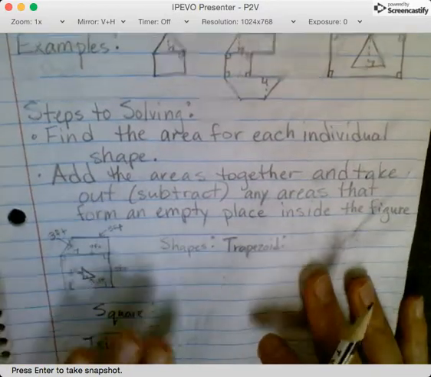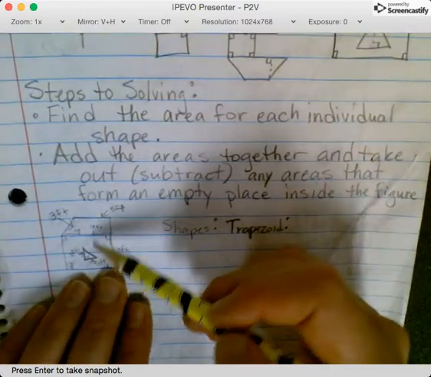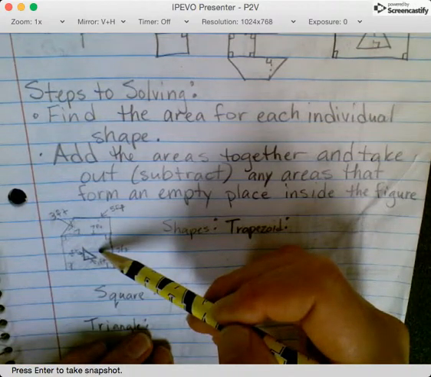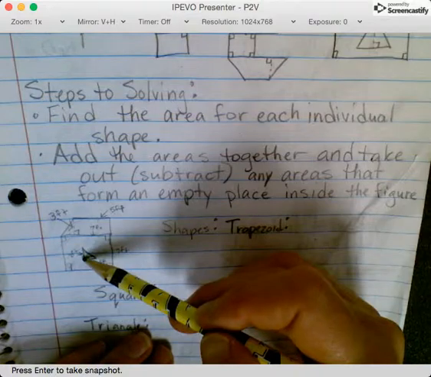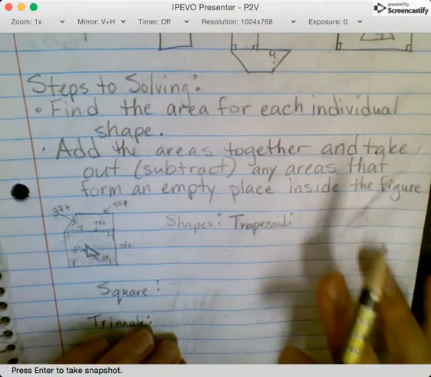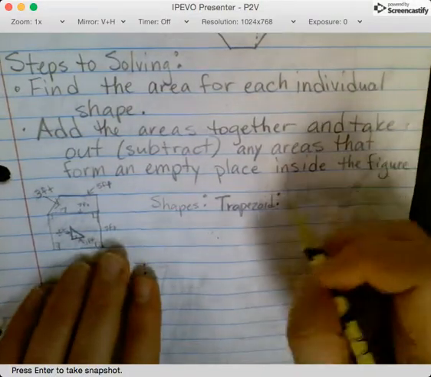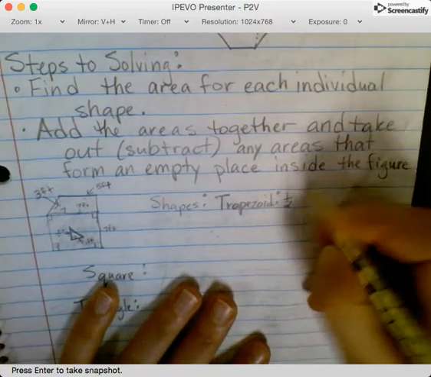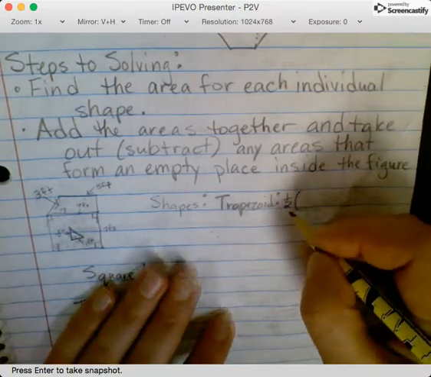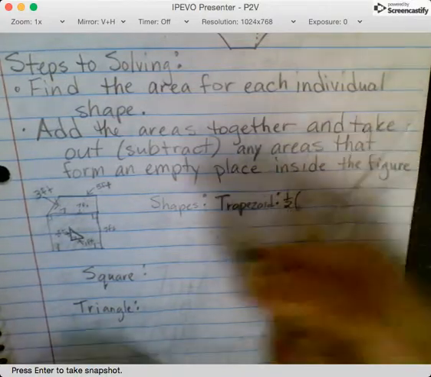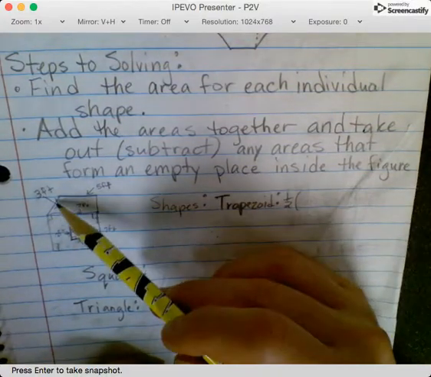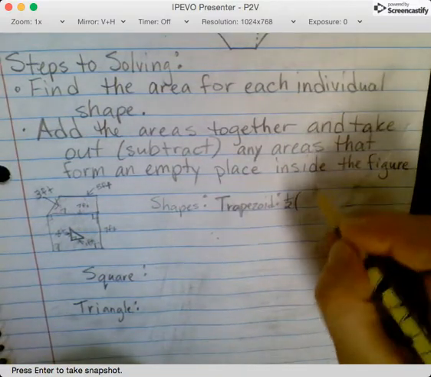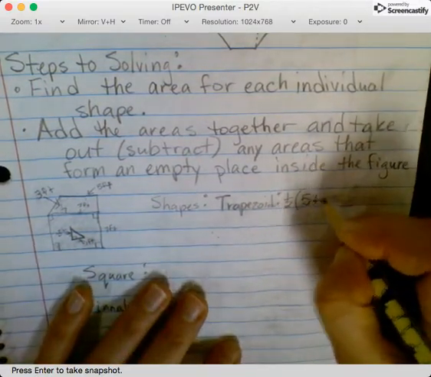So let's look at the first example. This one has a couple of shapes combined, a trapezoid and a square, and then it has a triangle cut out of it. So first I'm going to find the area of my trapezoid, and the area of a trapezoid again is 1/2 base plus base times the height. And so my bases are 5 and 7.